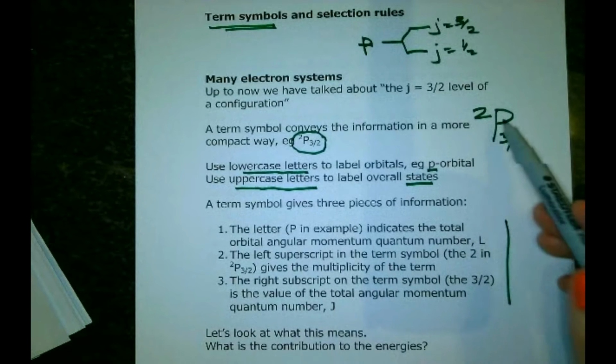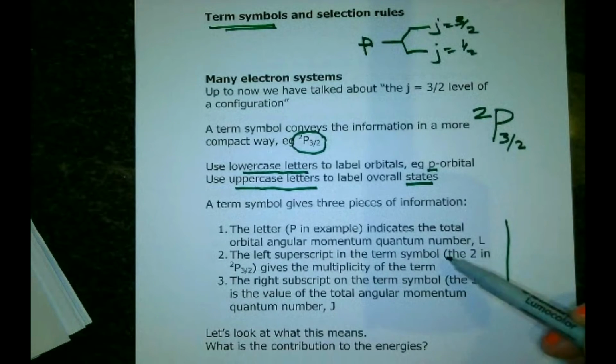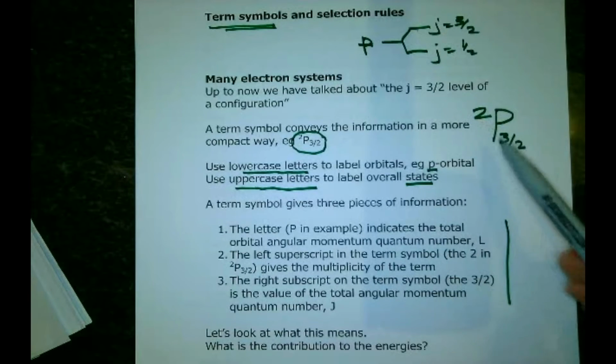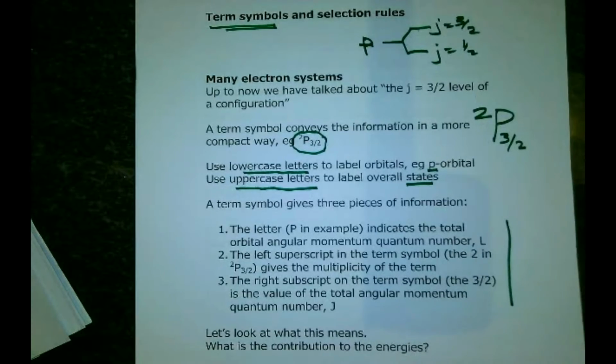We have this letter, we have the superscript, which we call the multiplicity, and then we have the subscript, which is the total angular momentum quantum number. But we're going to look at how to derive this.